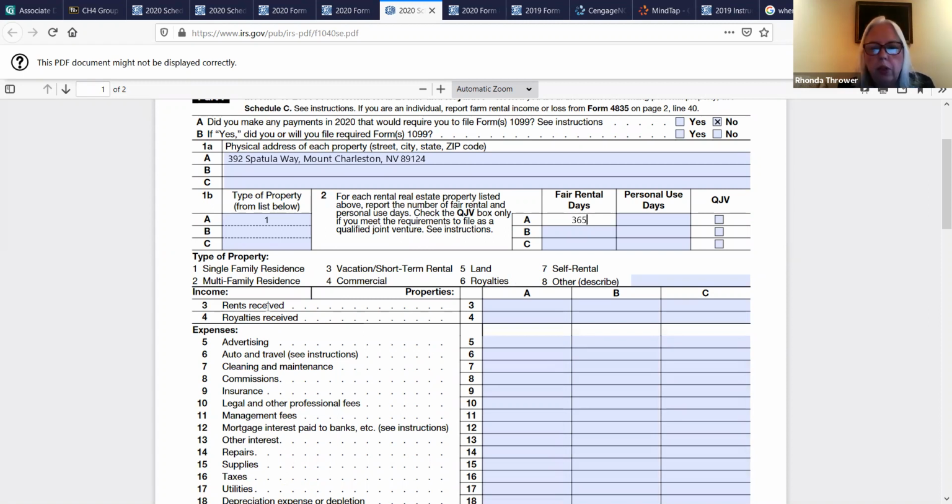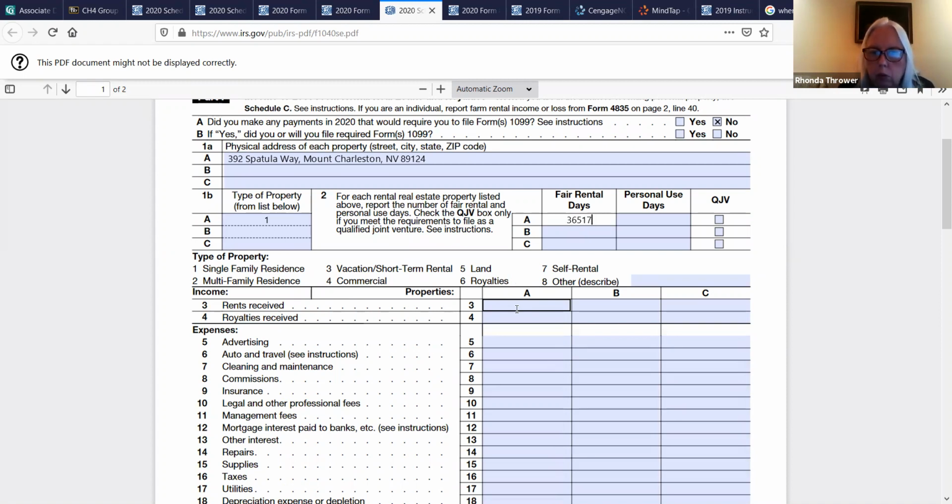You'll remember that they received $850 a month for only 2 months. So if you multiply 850 times 2, it's going to give you $1,700 in rents that you would have received.